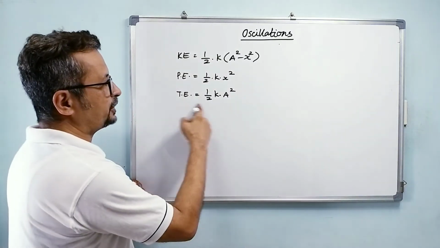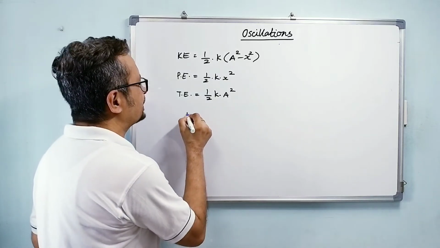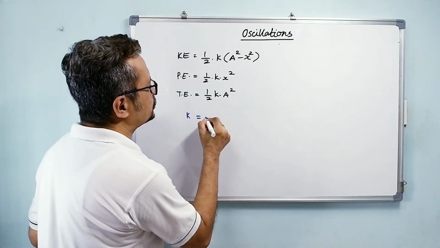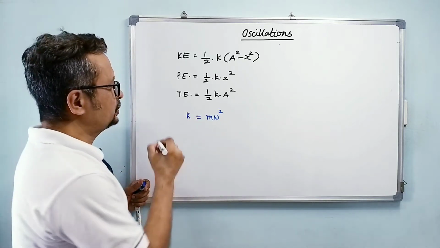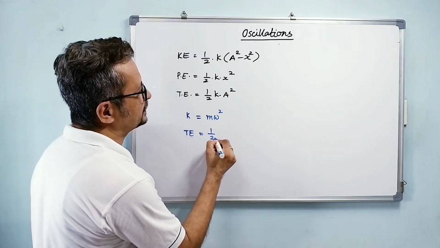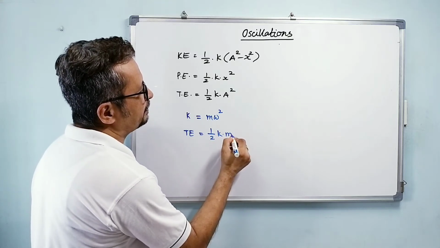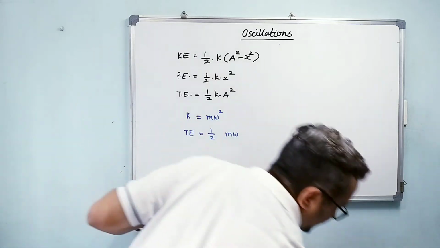Now see here, my total energy is half k into a square. And what is my k? My k is equal to m omega square. Right? So in place of k, I am going to put m omega square.